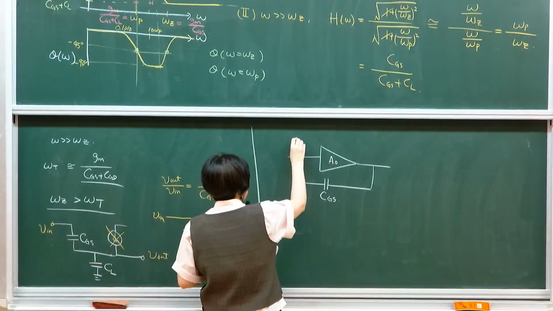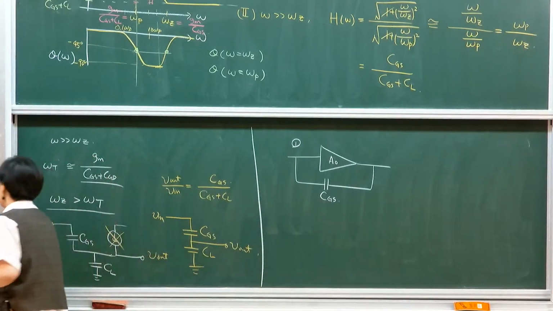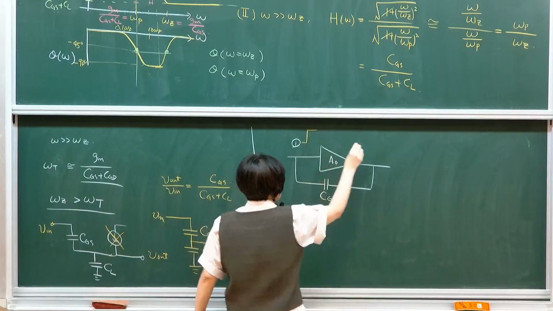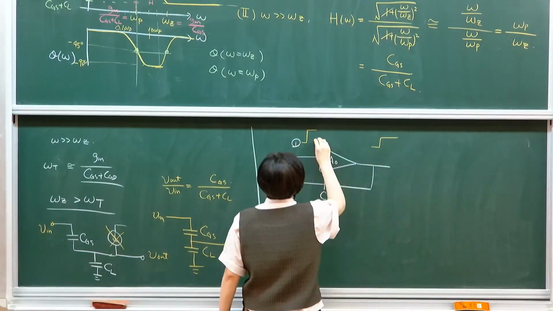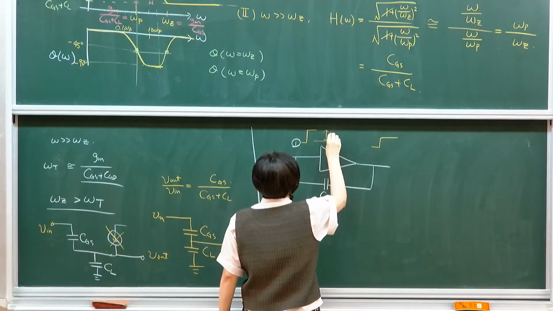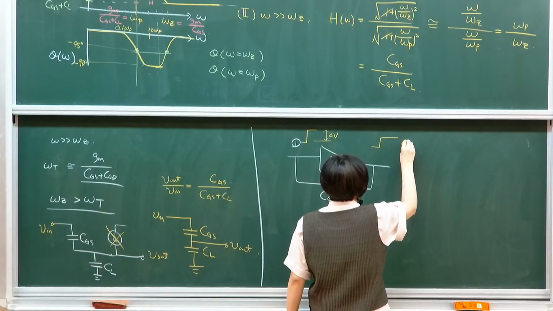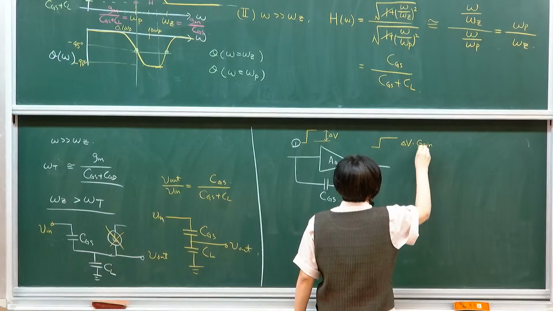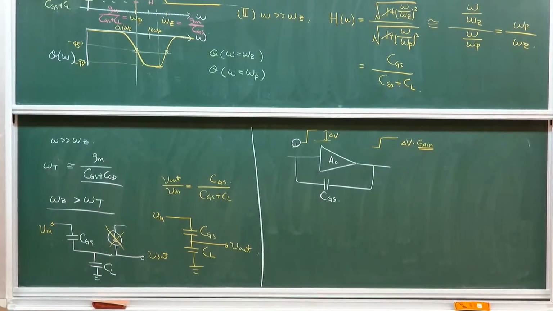But in this case, because it's a follower circuit, if you think about the Miller effect, if my input is moving in this direction, my output is moving in the same direction. For example, if this is delta V, the other side will be delta V times its voltage gain, right? And the voltage gain is close to 1, meaning that I don't actually need to supply anything.